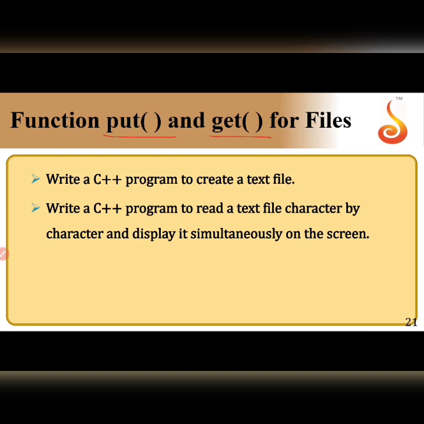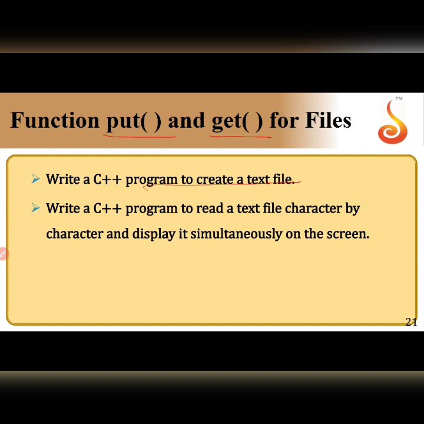We would have already written these two programs as a part of already done programs, but let me write it again so that it will be very clear for you. So, the first one is write a C++ program to create a text file. So, what do I need to do? I need to create a text file. Fine. So, how do I do that? There are two ways.